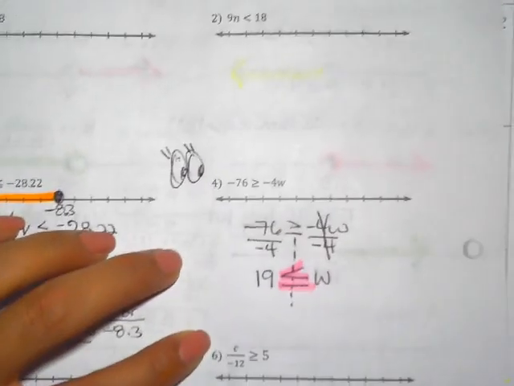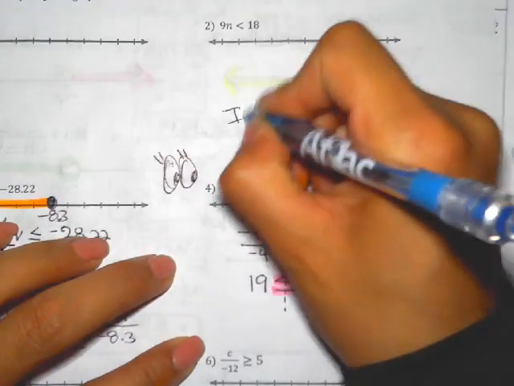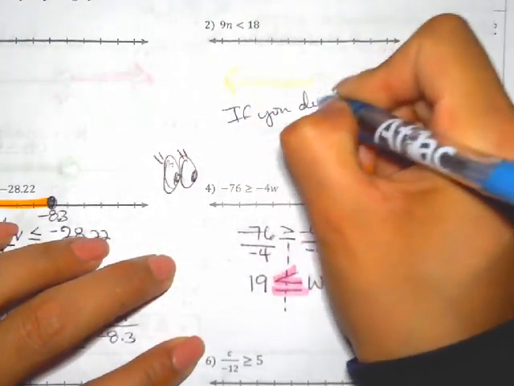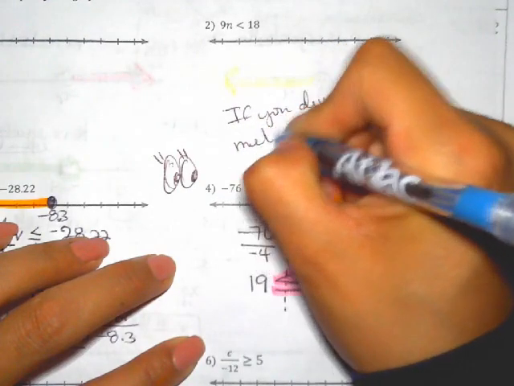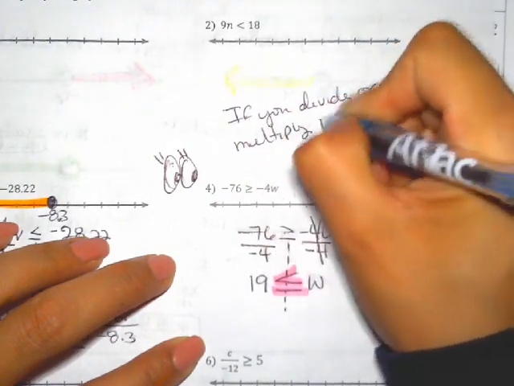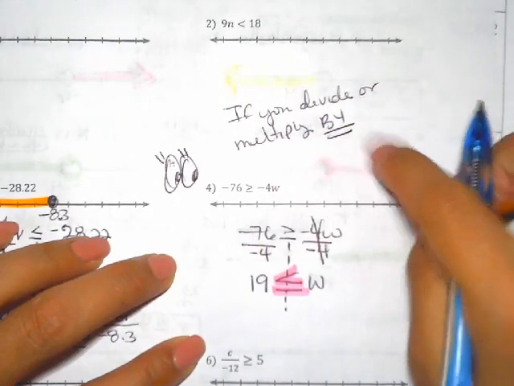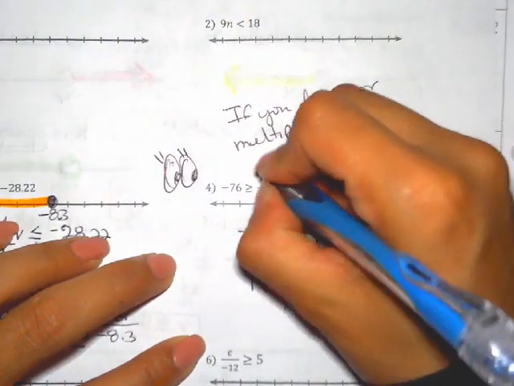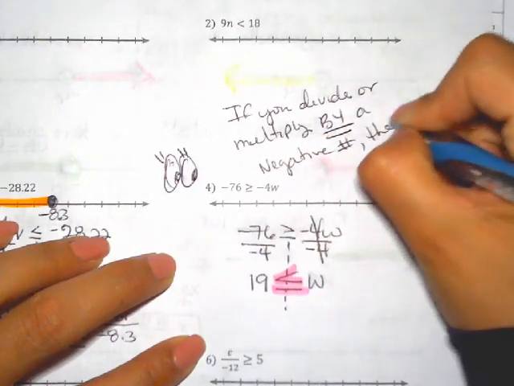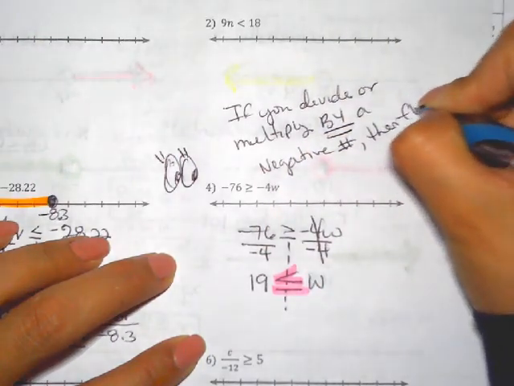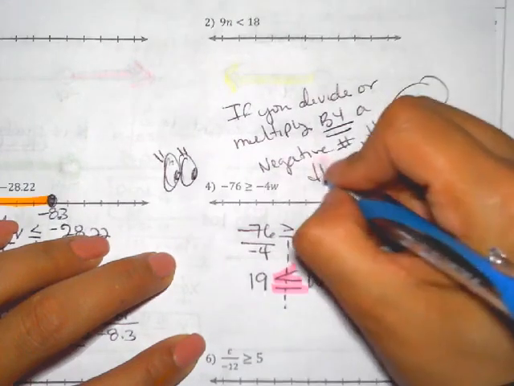So I need you to put a little note up here: if you divide or multiply by, very important, a negative number, then flip the inequality sign.